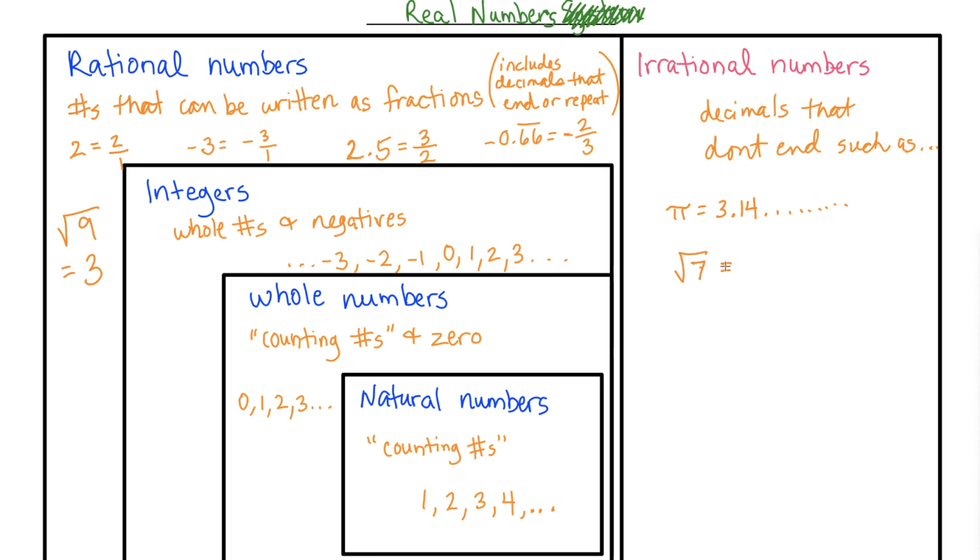The square root of 7 is 2.645, and then it just keeps going. It just doesn't ever end.